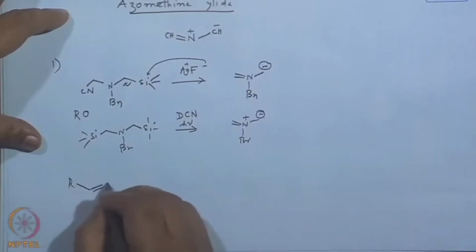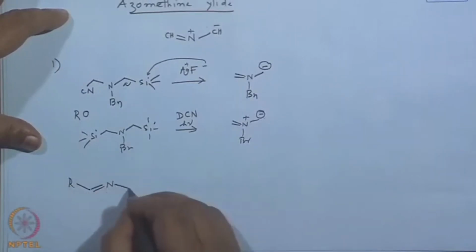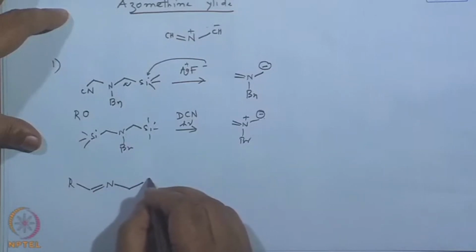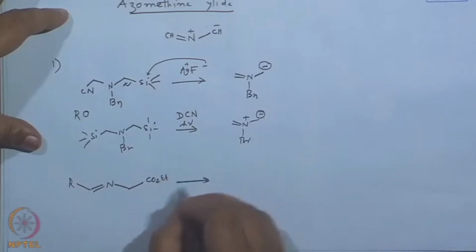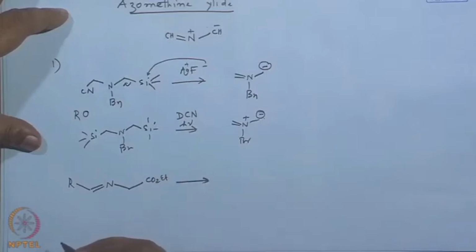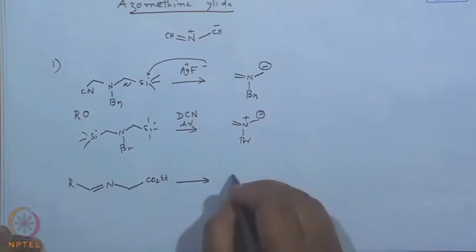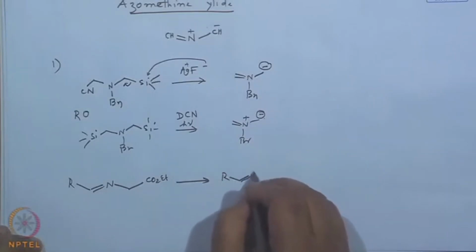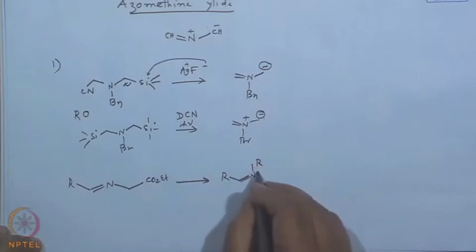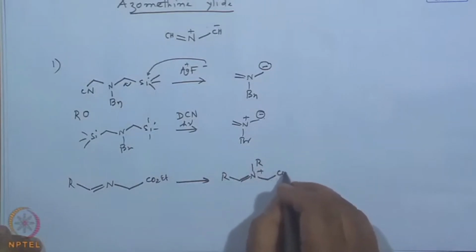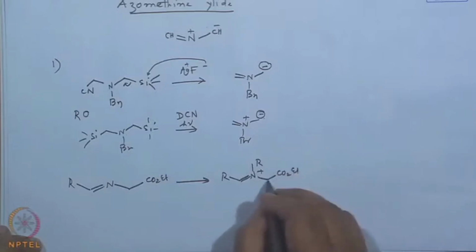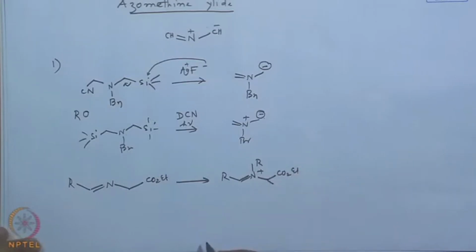If you have a substrate of this kind, and you put an electron withdrawing group here, let us say an ester group, and then from here the ammonium salt, then automatically the alpha position becomes more susceptible to hydrogen abstraction, and in the presence of a base you can produce it.